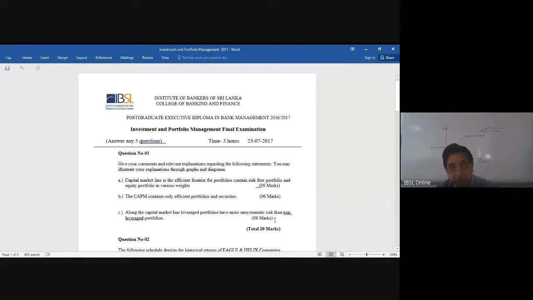Now you see, the marks allocated are higher than the above two parts, because the above two parts were allocated only 6 marks each, but here you get 8 marks. So that means it is a more complicated type of question.